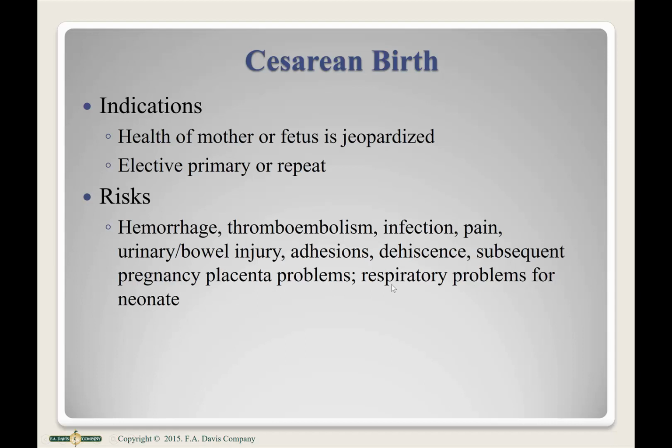And of course, mom can have respiratory problems depending on what kind of anesthesia we use, but definitely a respiratory problem for a baby, because they don't go through the birth canal and they don't get that thoracic squeeze that helps them eliminate some of their fetal lung fluid, and that also helps stimulate their first breaths. So they may start having respiratory problems.